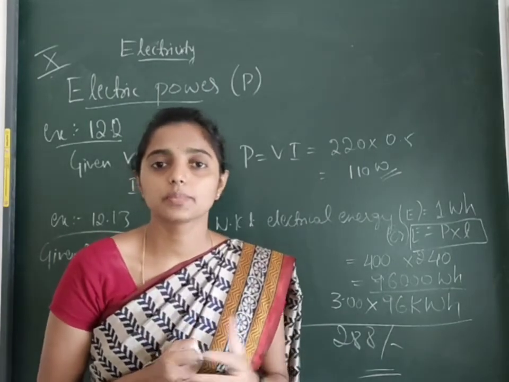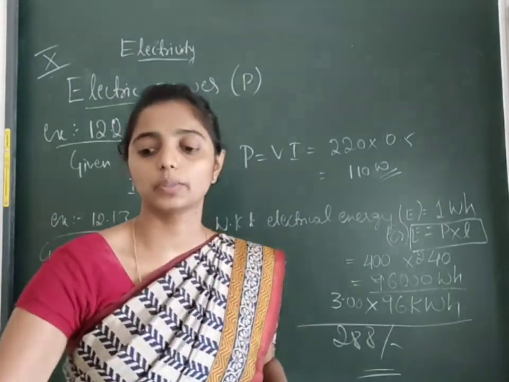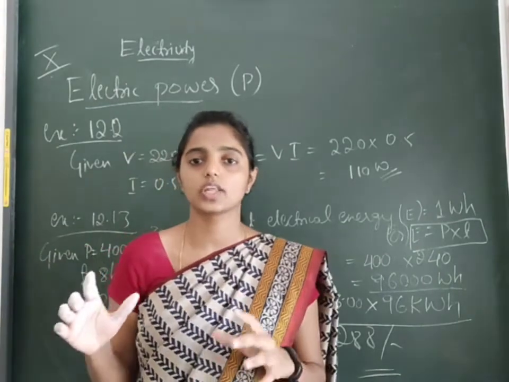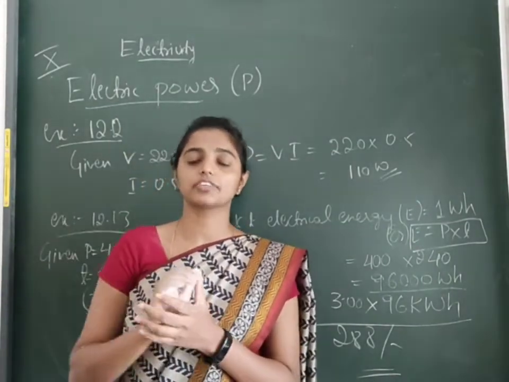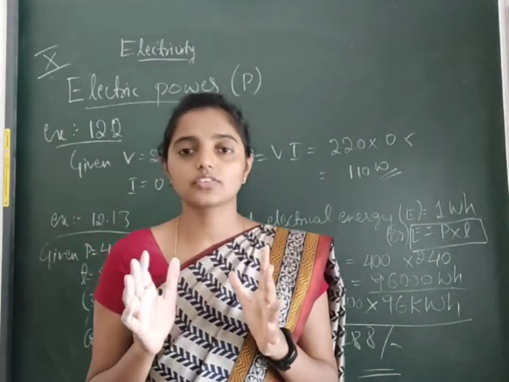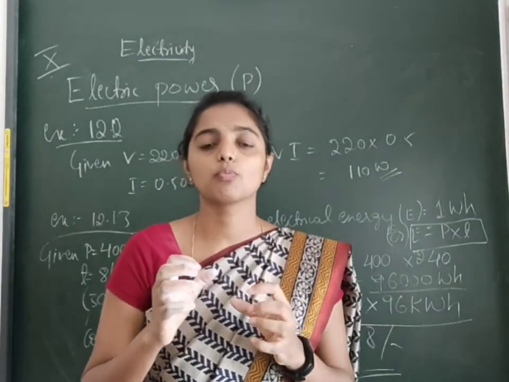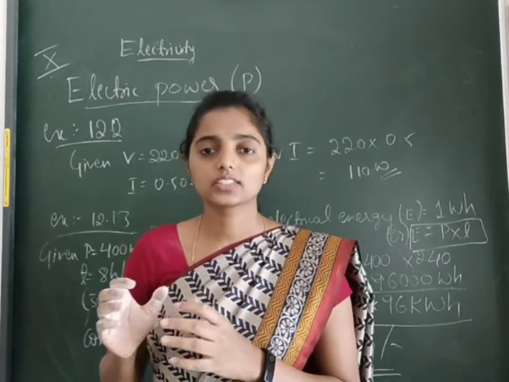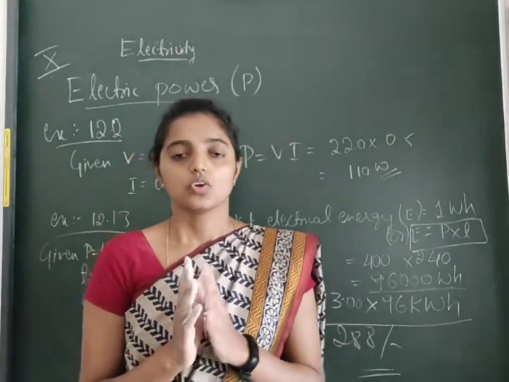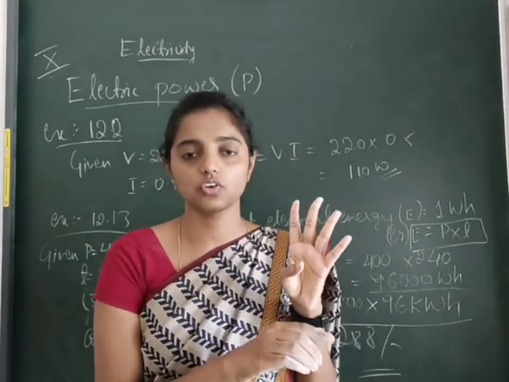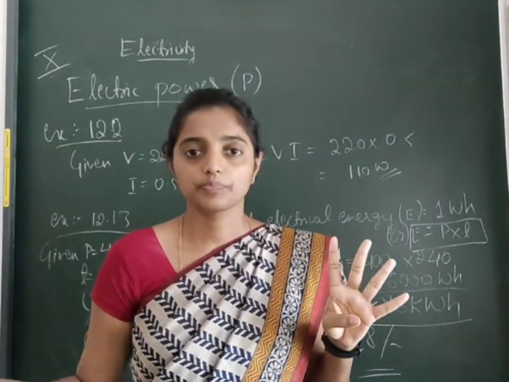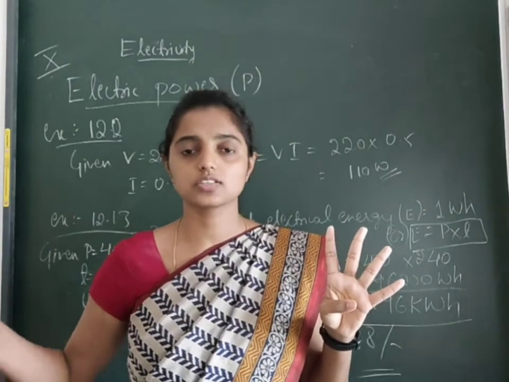Now, so this is our last topic of this chapter. We have only some in-text and exercise part which we will be dealing from the next class onwards. So let us recall once again from the beginning of this chapter. So in this electricity chapter, which has more weightage for your exam from the physics part. Okay, so first we started with the introduction of charges, that is definition, different types of charges, its properties.